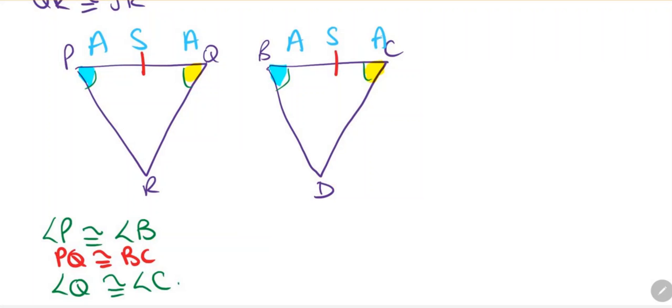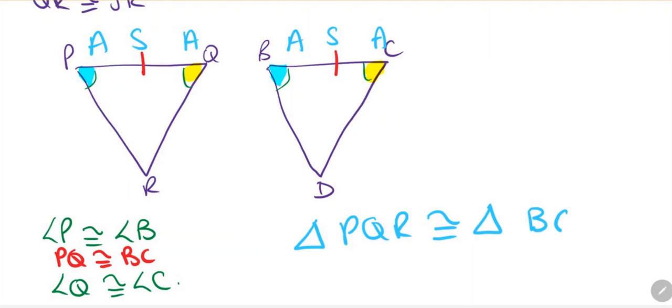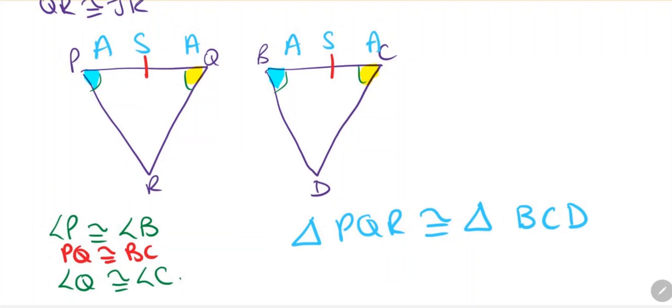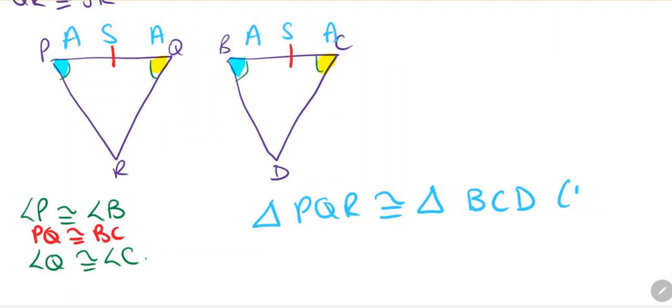So I can say that my triangle PQR is congruent with my triangle BCD, and my reason is angle, side, angle are congruent.